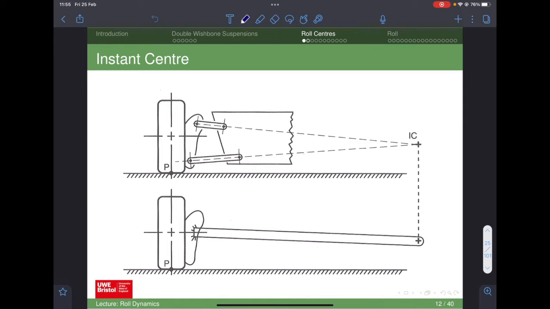So this wheel is going to move up and down. It will camber slowly as it moves up and down, effectively as in that picture there. Now, clearly, what's slightly different is that as this moves, the wishbones are going to change in terms of orientation. So the instant centre will change, but at that point in time, it's moving like this.